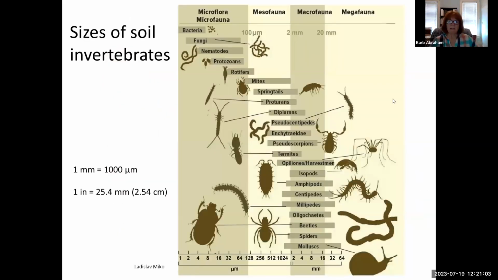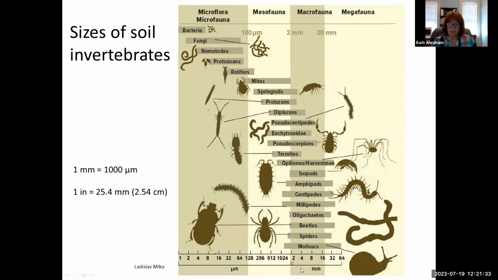Before we talk about the specific organisms, I wanted to give you something about the size of these organisms. So microflora and microfauna are the tiniest things. Don't look at the pictures, look at the dark bars. Okay, so these guys are in the micrometer area, because you have to have 1,000 of those micrometers to be 1 millimeter.